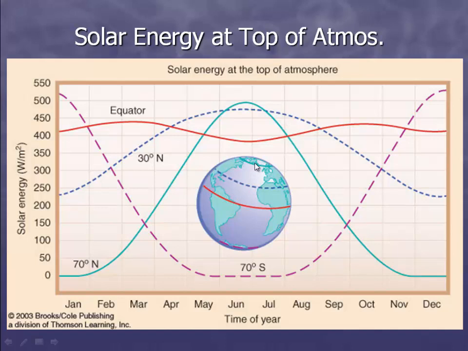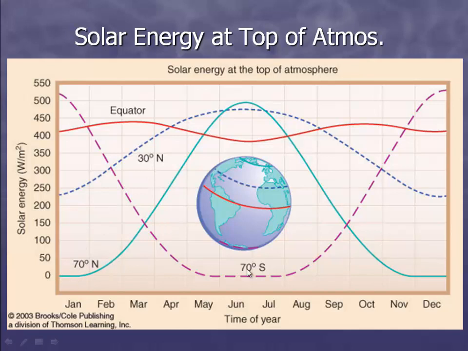Take another step north to 70 degrees north, and look at how the curve now has really shaped almost like a bell-shaped curve, where you have a lot of incoming radiation around June 21st and very little to no incoming solar radiation at 70 degrees north during the northern hemisphere winter season.